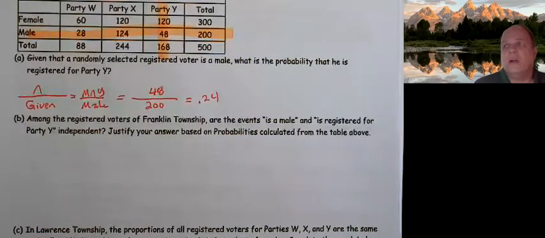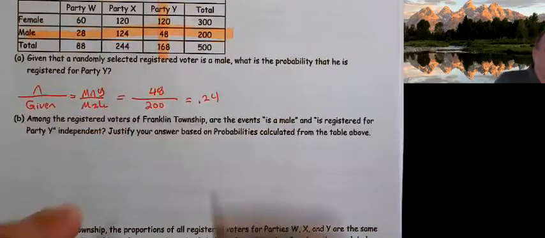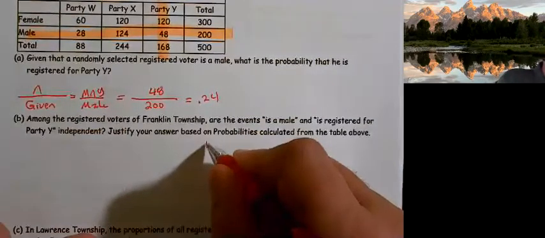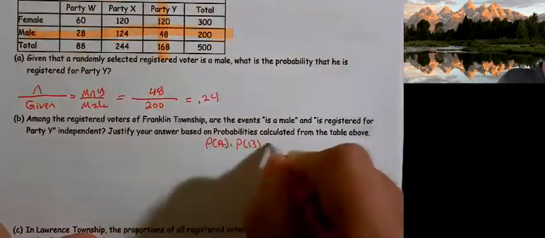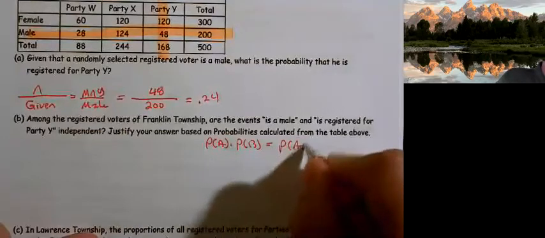All right. Well, once again, you can do this one of two ways, but since they did not specify which method to use, I'm going to go ahead and use the multiplication rule, which would be probability of A times the probability of B equals the probability of A and B.